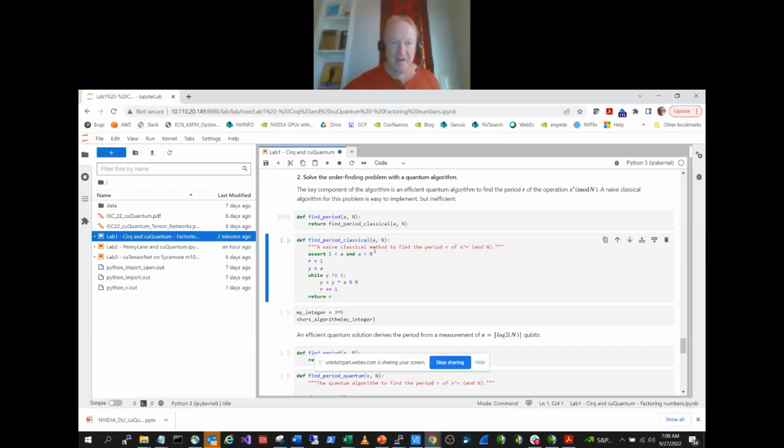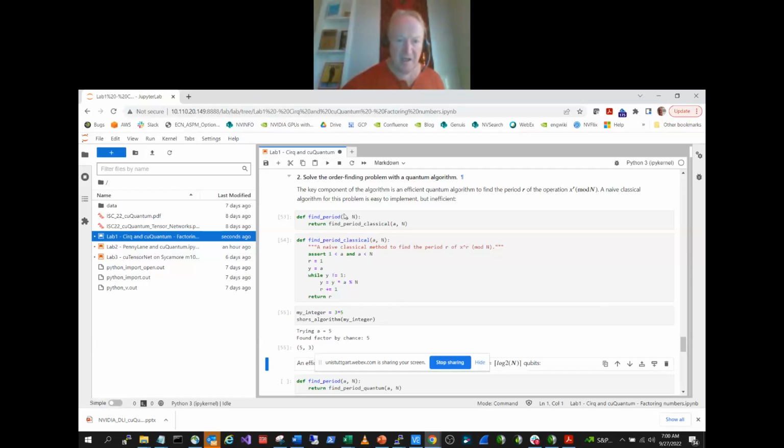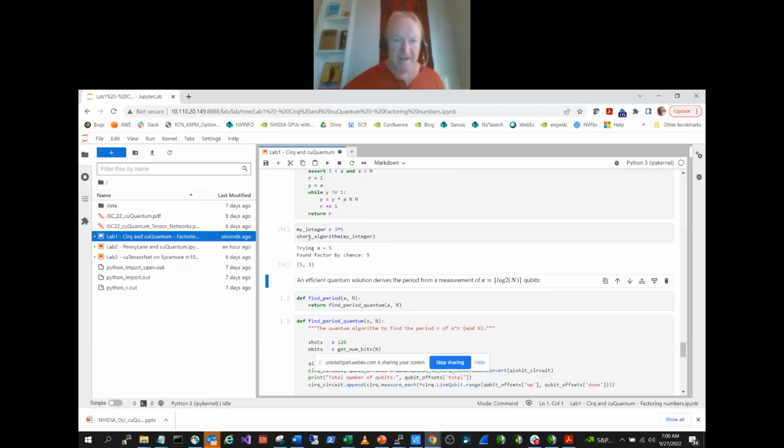So we're going to compare the classical to Shor's here. So here's the classical approach. And it factored it.